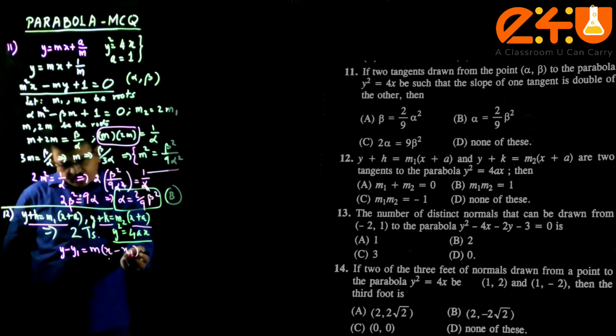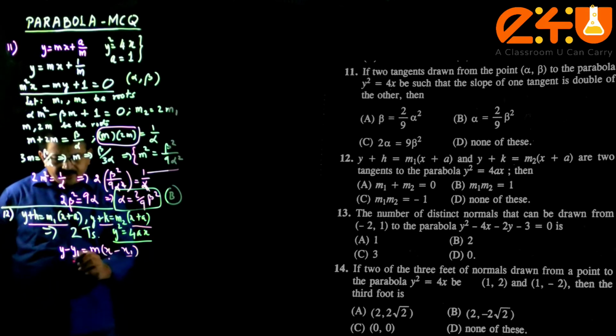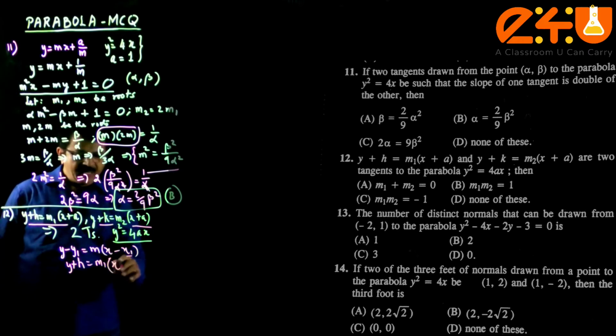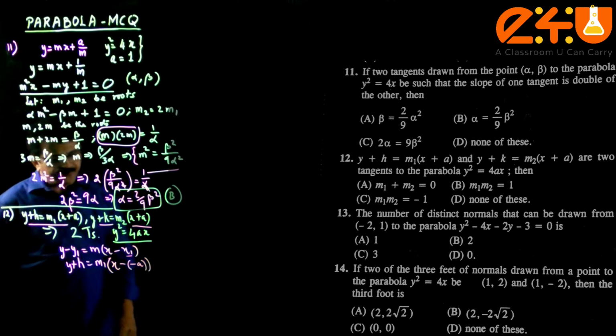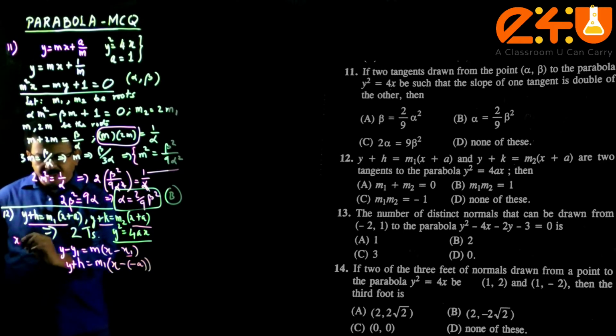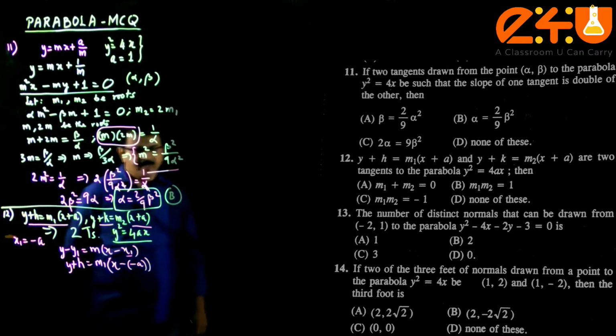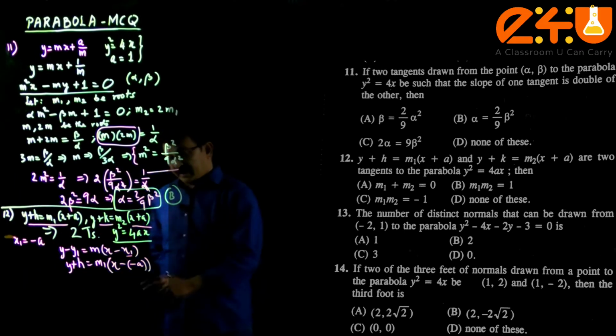So what is the x1 coordinate? Let me write. First line: y plus h is m1 times x plus a. Can I write it as minus of minus a? So is it not that the coordinate x1 is negative a? Yes, it is.